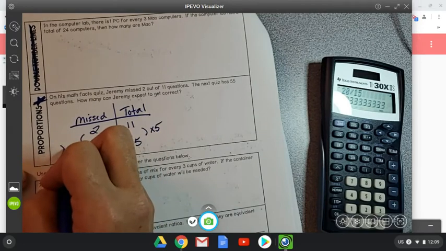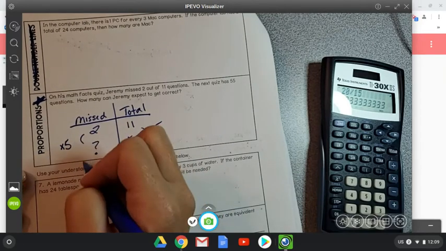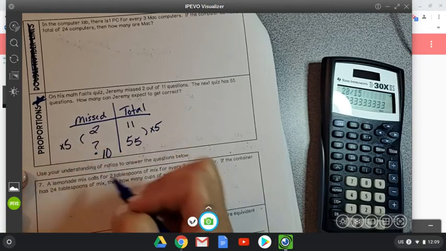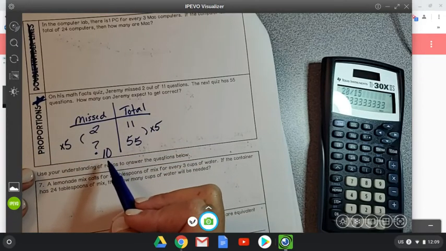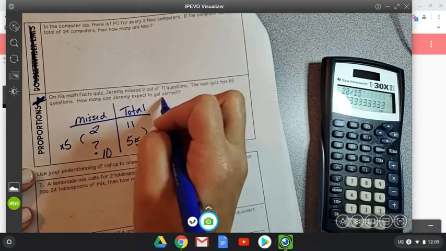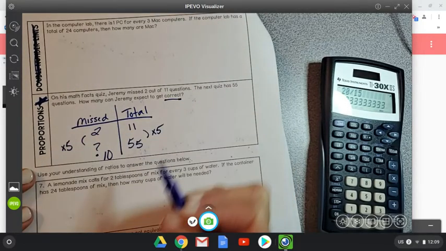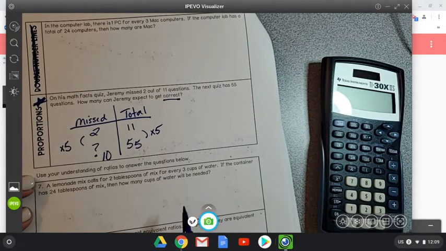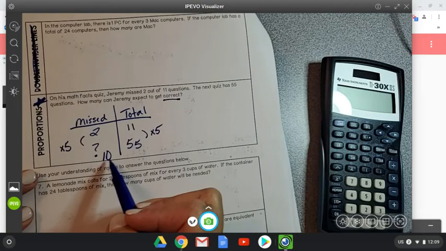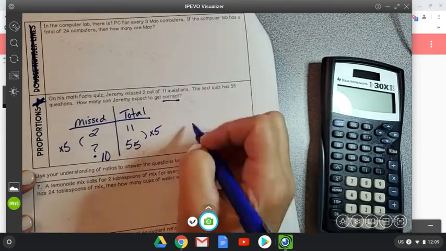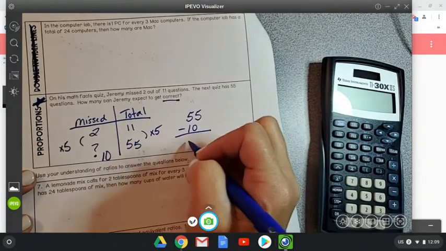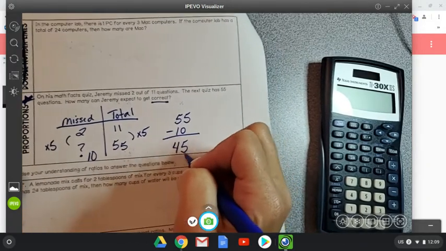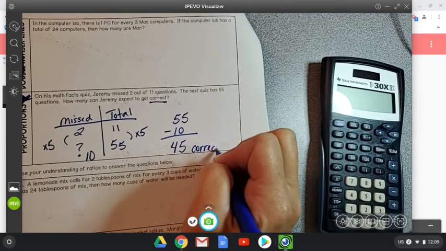We multiply by 5, and that gives me 10. But remember, 10 is the number of questions that he missed, and this asks me how many can Jeremy expect to get correct. So if he missed 10 out of 55 questions, we would take 55 minus 10, and that's going to give me 45 correct.